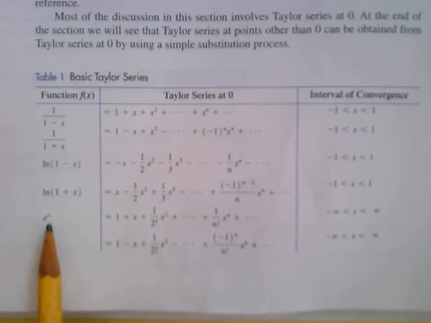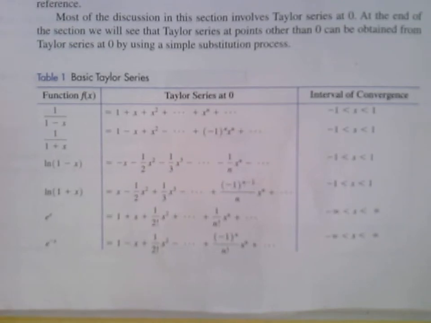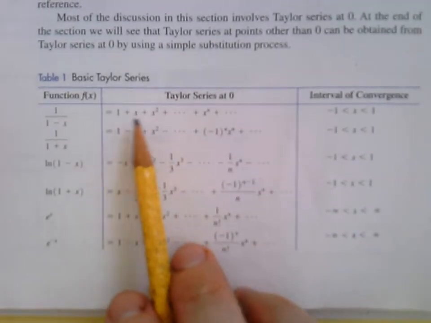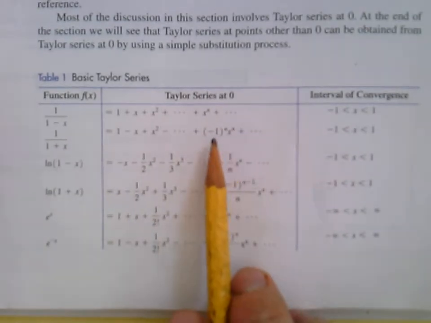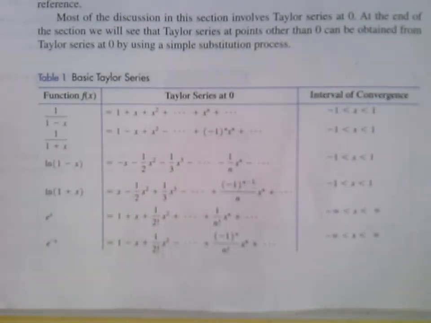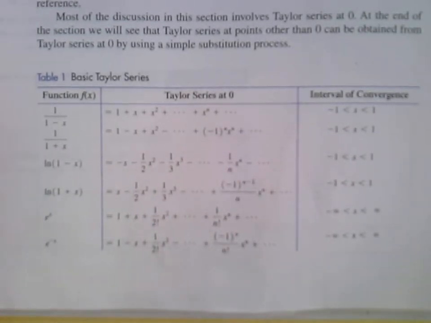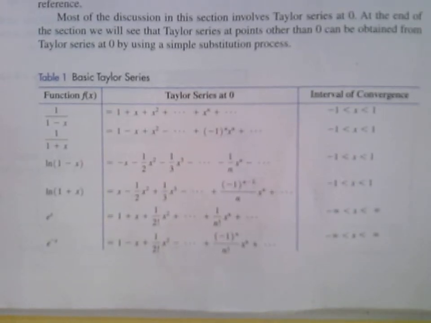It's probably too blurry, but e to the x and e to the negative x. So we've got all of their Taylor series. They give us the first 3 terms, and then they give us the nth term of each one. And like I said a moment ago, they give us the intervals of convergence. You notice the first 4, the interval is always -1 to 1. For the e, it's everything, negative infinity to infinity for both of those e's.